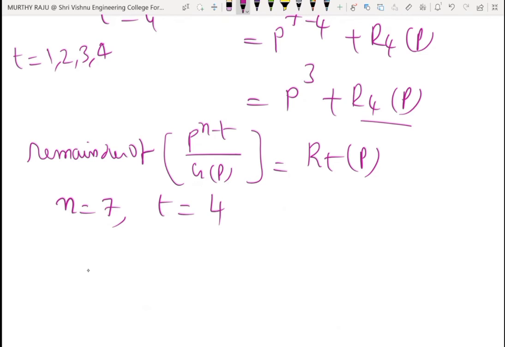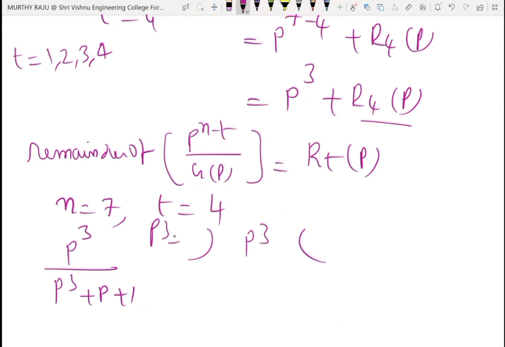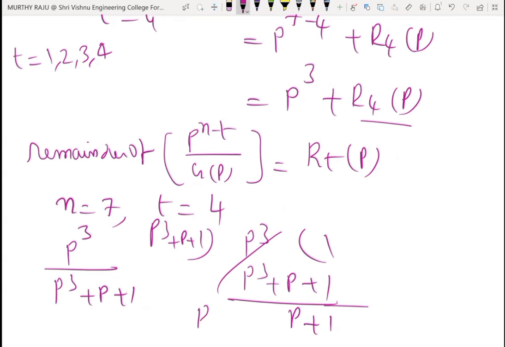P power 7 minus 4 is p cube, and g of p is p cube plus p plus 1. Dividing p cube by p cube plus p plus 1, p cube cancels, leaving p plus 1. This is the R4 of p.